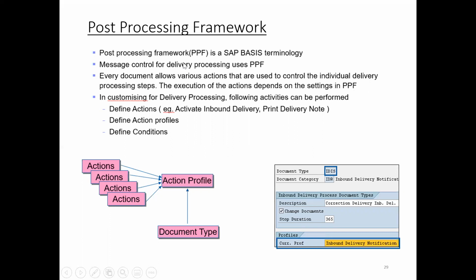Other than that, you can have several PPF actions like HU printing when you want to print the handling units, and when you want to print the warehouse orders, that is the big ticket.